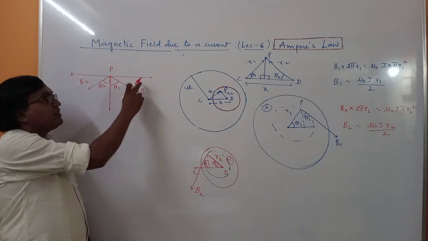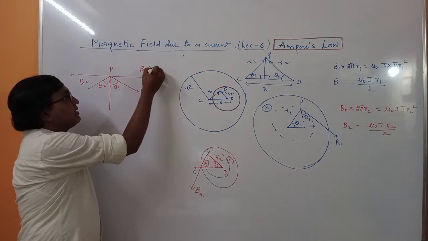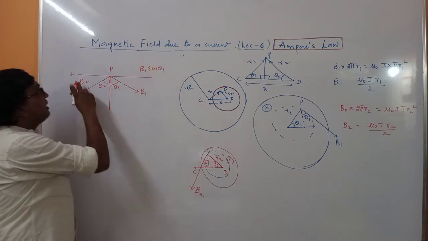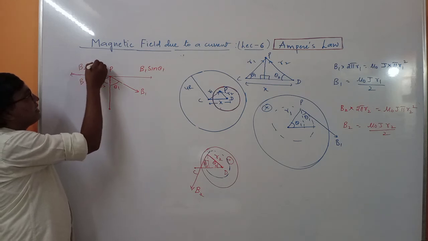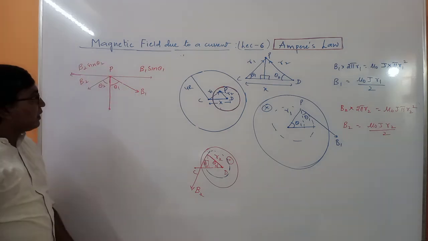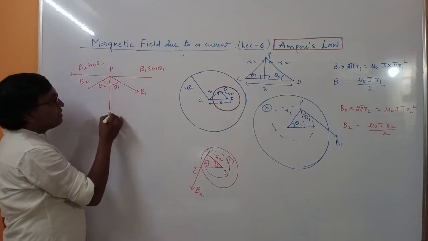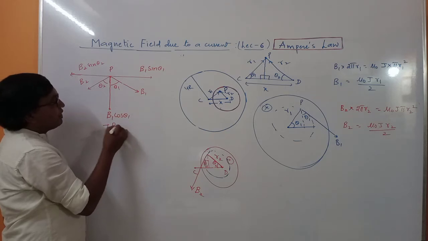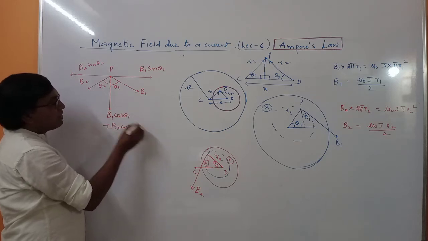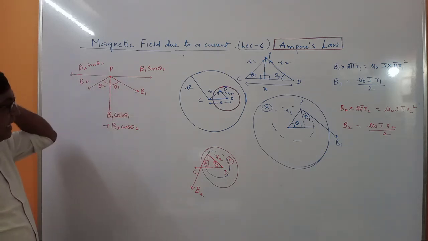The component of this field along this direction is B1 sine theta 1. Here the field is B2 sine theta 2. And in the downward direction we have the components B1 cos theta 1 plus B2 cos theta 2. Both the components are in the downward direction. Here the components are in opposite directions.